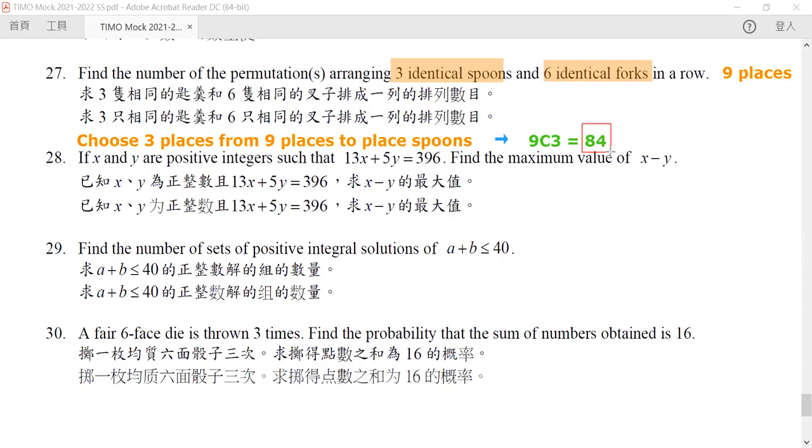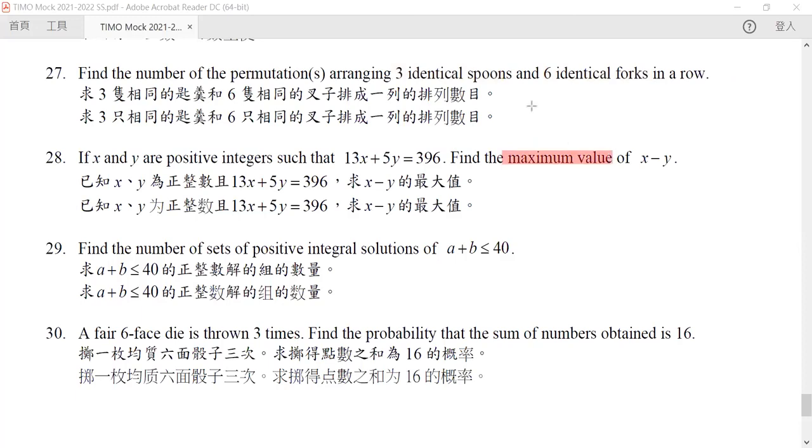So for question 28, if x and y are positive integers such that this value is true, find the maximum value of this. In order for this number to be of a maximum value, you want x to be as high as possible and y as low as possible. Right?